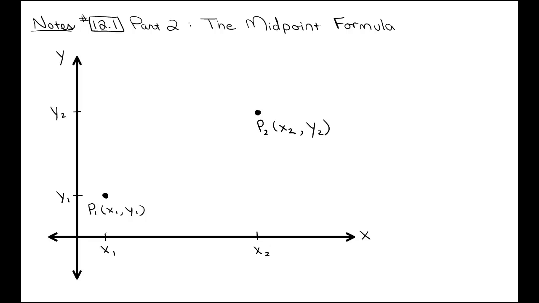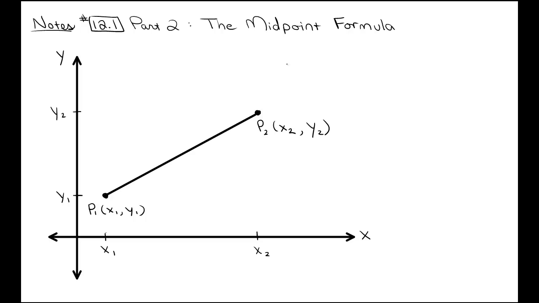I'm going to connect these points by creating a line segment. Right there. And we want to find the midpoint. Now the midpoint is going to be the point right at the very center of this line segment.